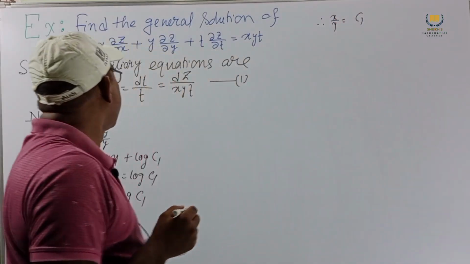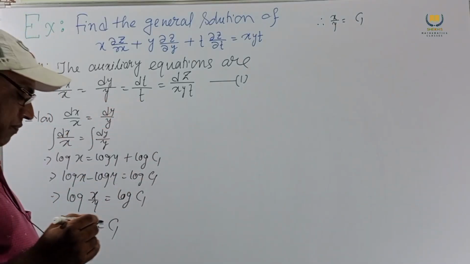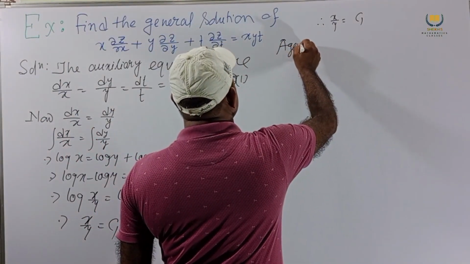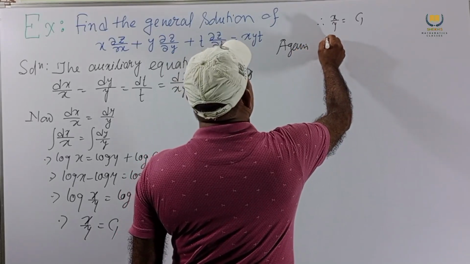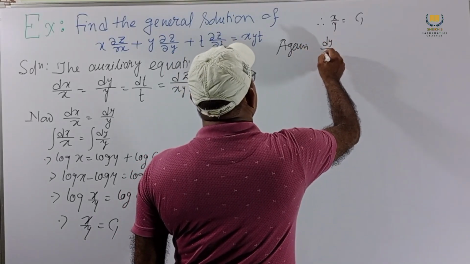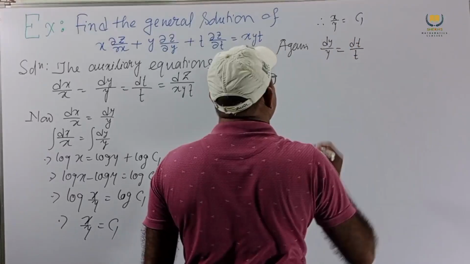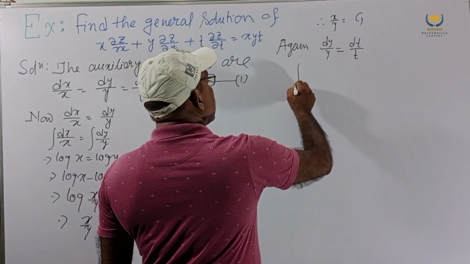Next we consider the second pair, dy/y = dt/t. We integrate this.